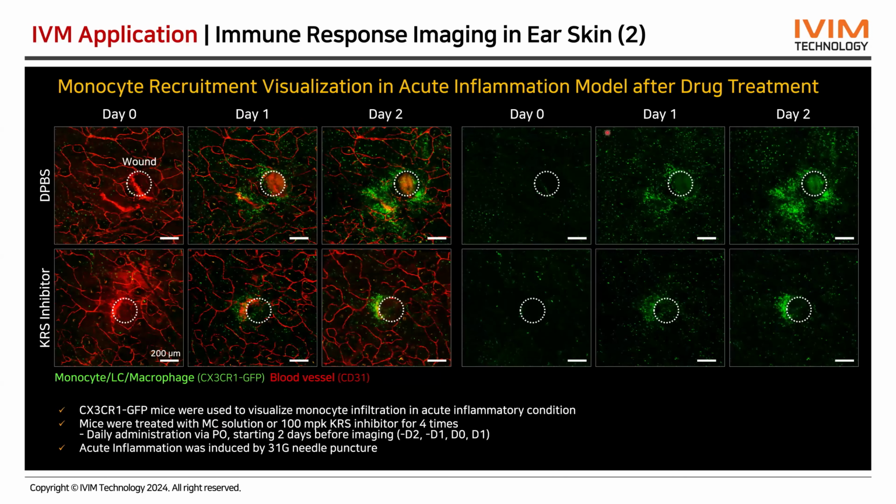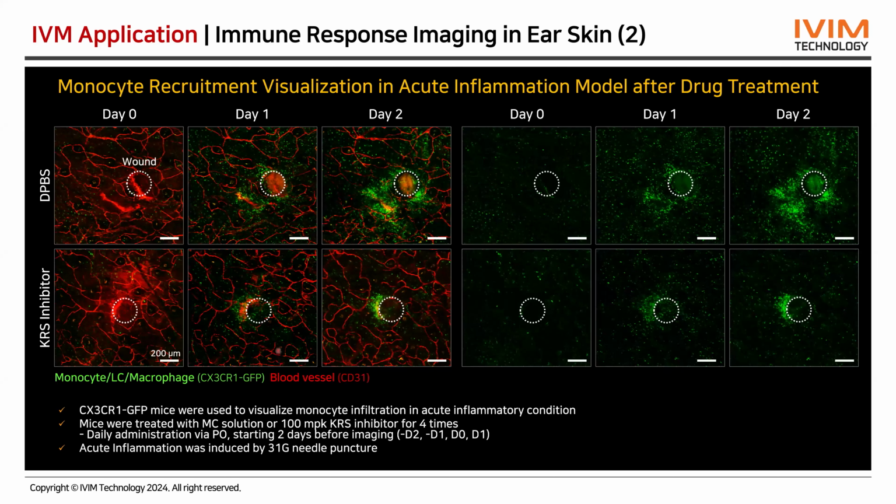In this second skin imaging experiment, we used CX3CR1 GFP transgenic mice, which express endogenous GFP in monocytes and macrophages, to visualize the immune responses in ear skin. A wound was induced with a 31-gauge needle puncture, and the KRS inhibitor, known for disrupting cell-to-cell adhesion, was applied 4 times.